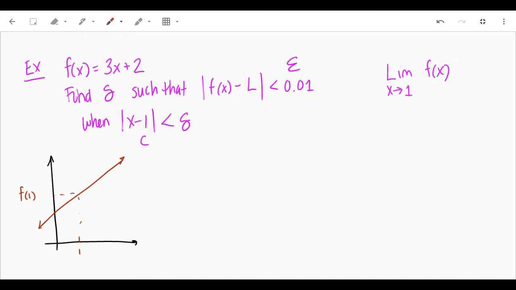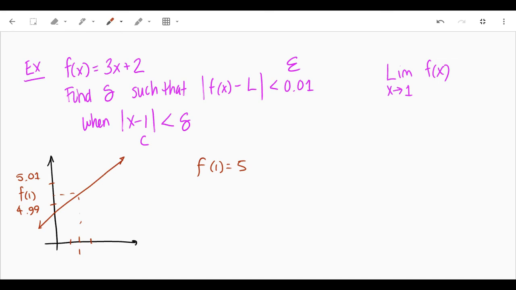So we can figure out, f of 1 is 5. So we want to be within 5.01 or 4.99. What they're asking you, basically, is how far can we get away from 1 and still be within that window from 4.99 to 5.01.